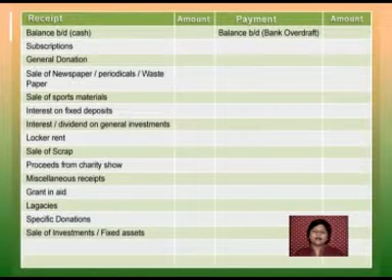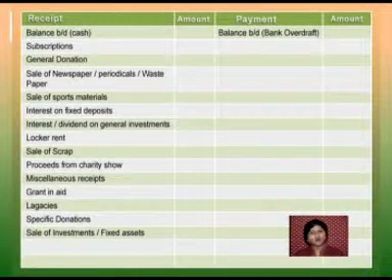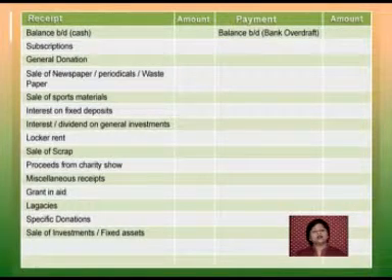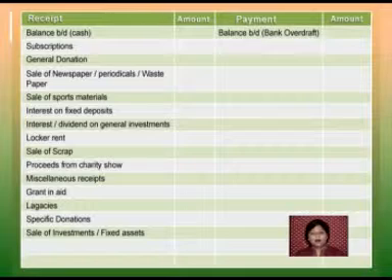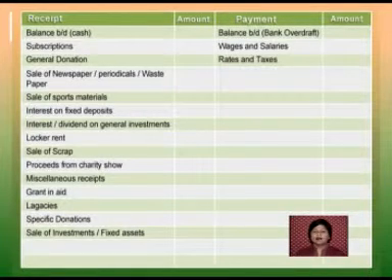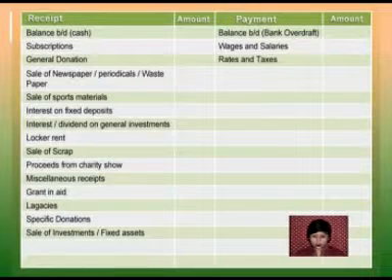Now let us see the items on the payment side. If there is any bank overdraft at the beginning of a year, then the receipt and payment account is going to start with the bank overdraft. After that, there can be wages or salaries which the organization pays.